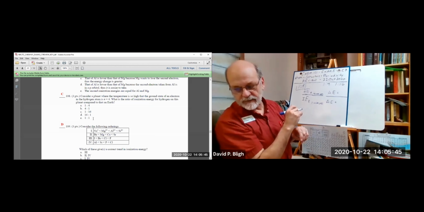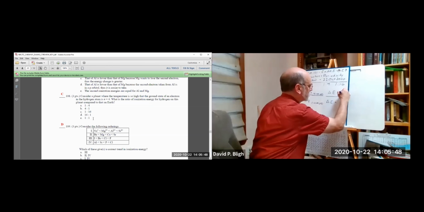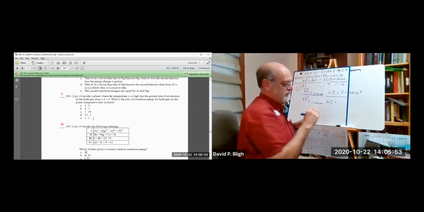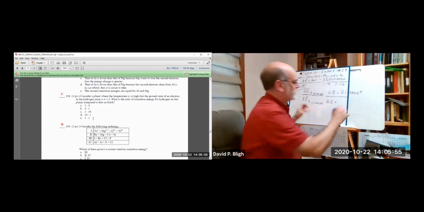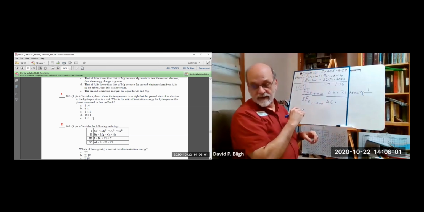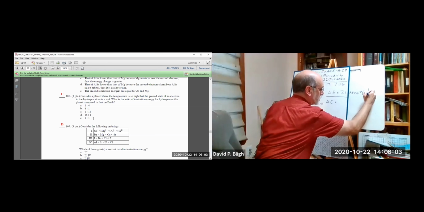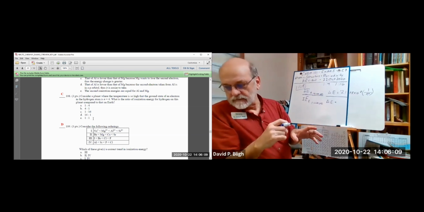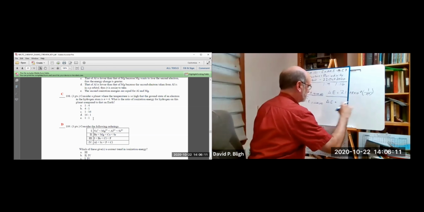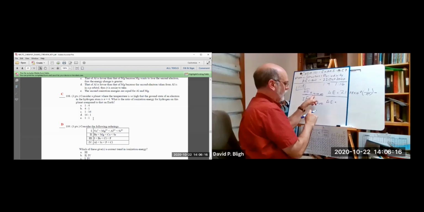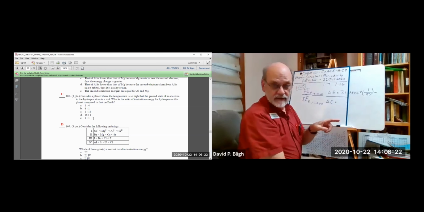Minus 2.178 times 10 to the minus 18, times 1 divided by n squared. Right? That's the final state. What's the initial state? The initial state is 4.